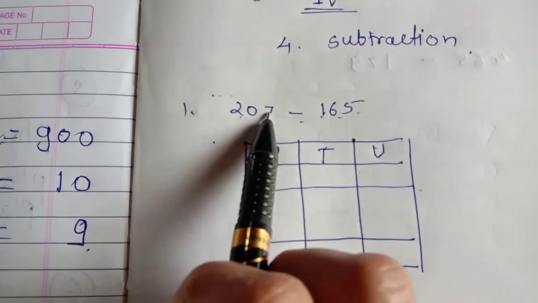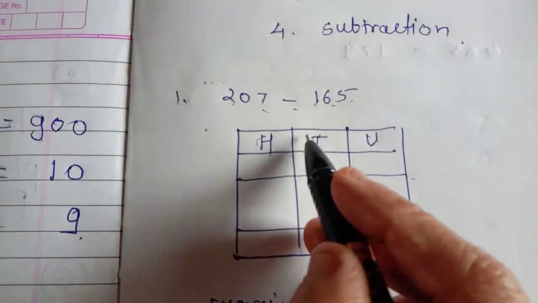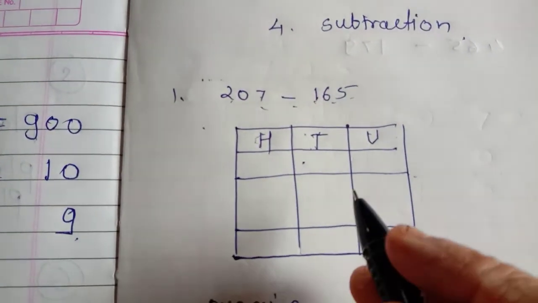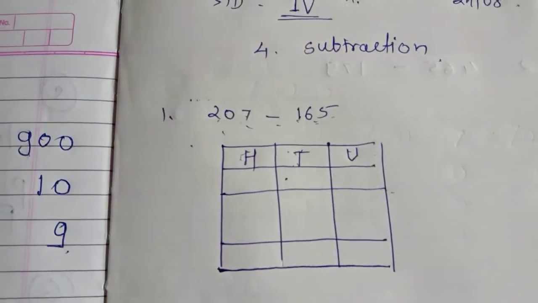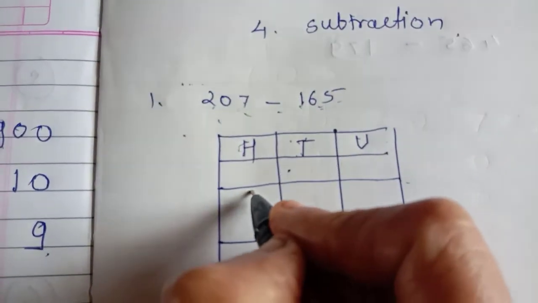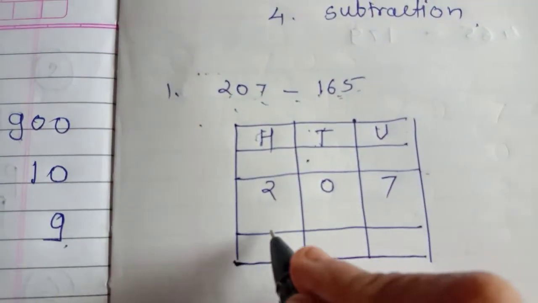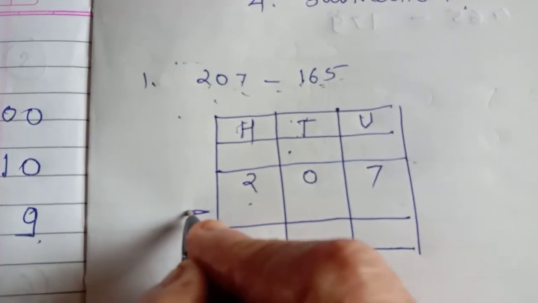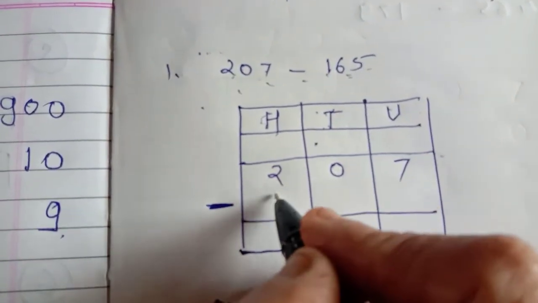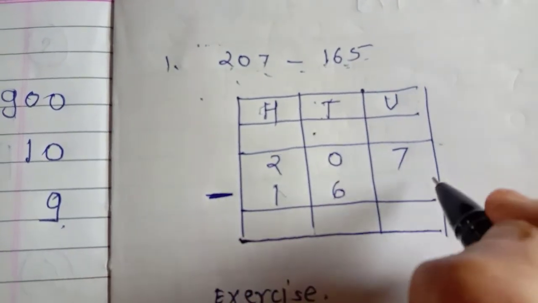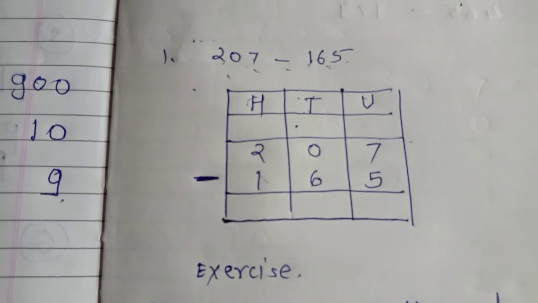How many digits are there? 1, 2, 3 digits. That means unit, 10 and hundreds. Now draw the lines like this. You have to subtract the small number from the bigger number. First number is 267 and second number is minus sign. Don't forget the sign. 165. Okay. This is your first sum.